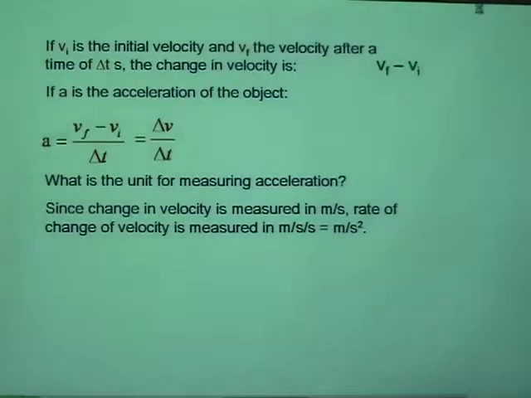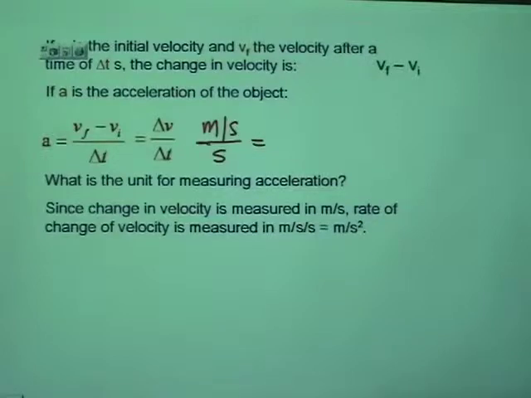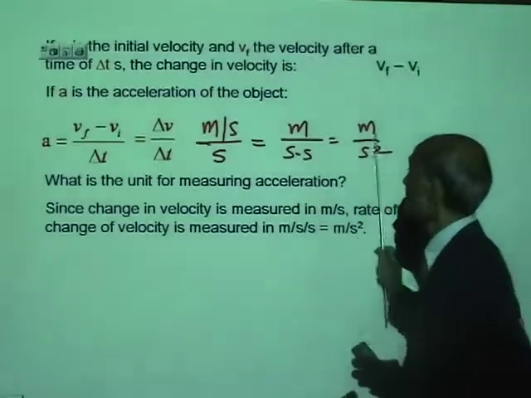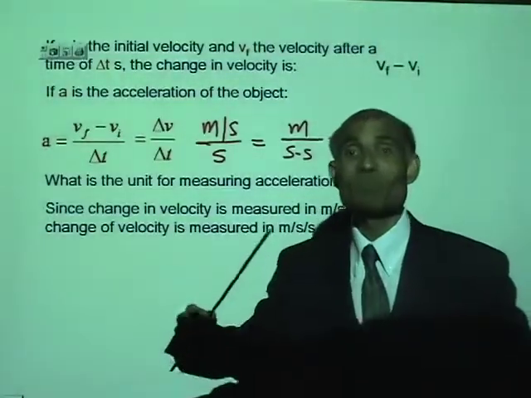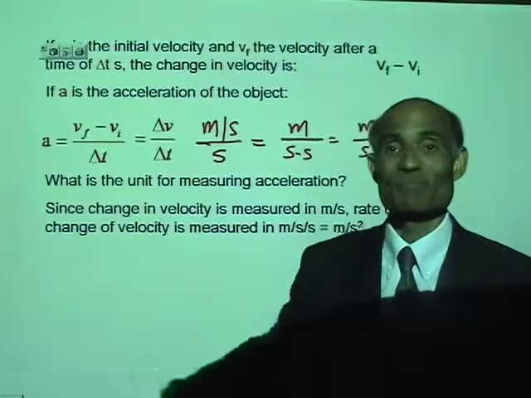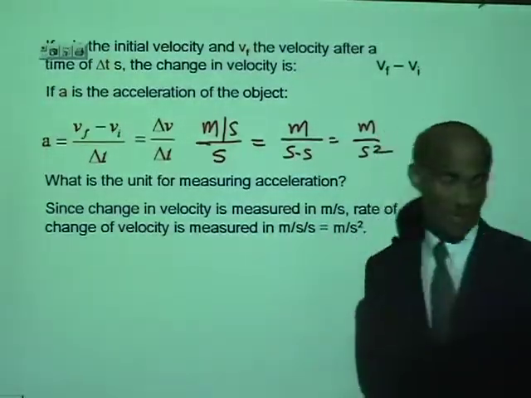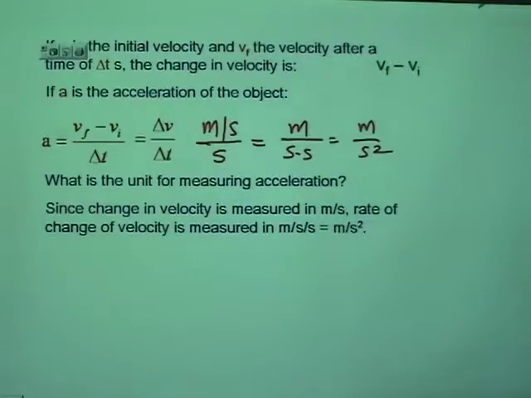Meter per second divided by second. The unit of change in velocity is meter per second, and the unit of time is second. And you know that becomes meter per second times second. And that will be meter per second squared. The unit of acceleration is meter per second squared. All right. Okay, let me take that away from the screen.